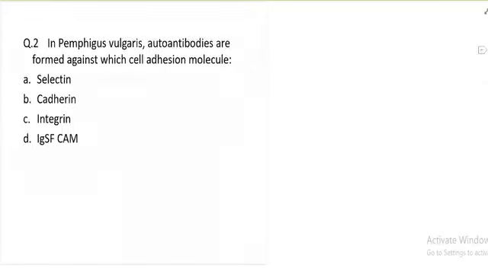Moving to next question. In pemphigus vulgaris, autoantibodies are formed against which cell adhesion molecules?